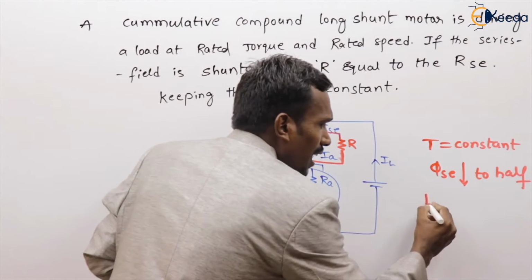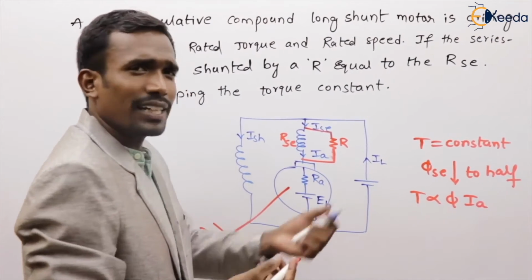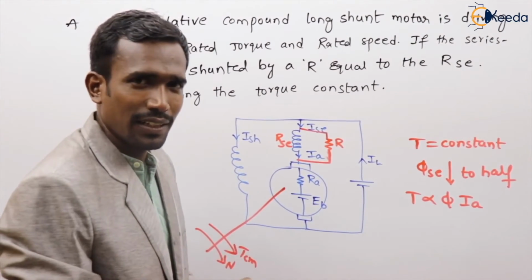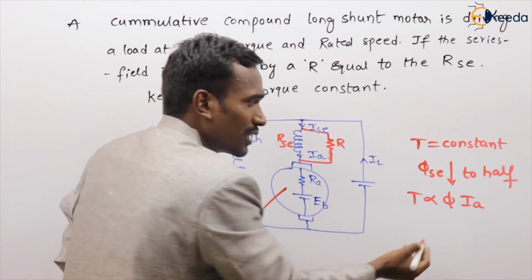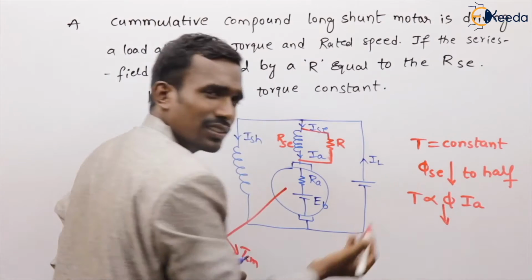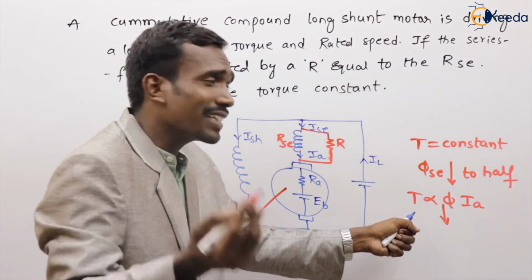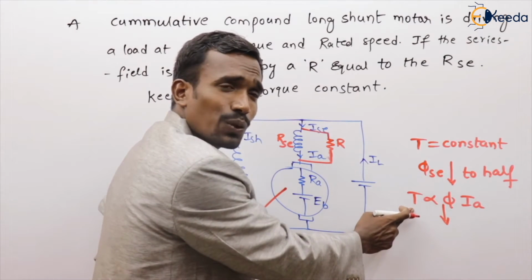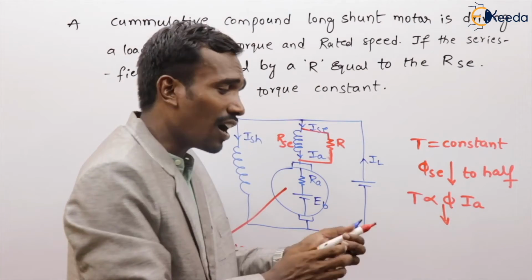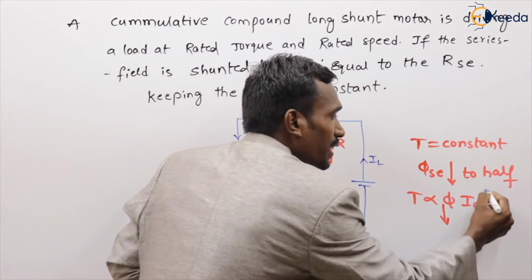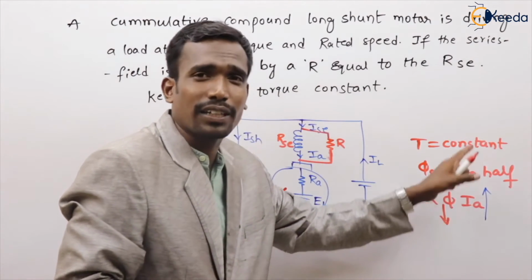Generally, we know torque is directly proportional to phi into Ia. Here the flux reduces, but the torque should be constant. To maintain the constant torque, the armature current should be increased. When flux reduces, the armature current should be increased.